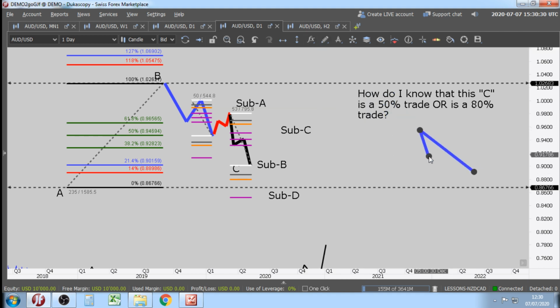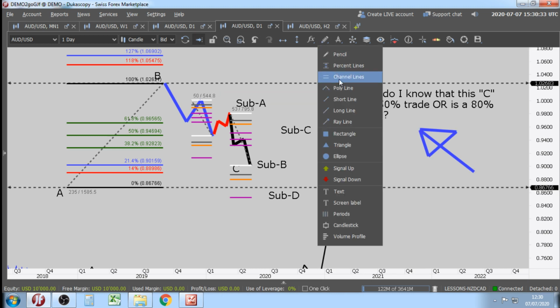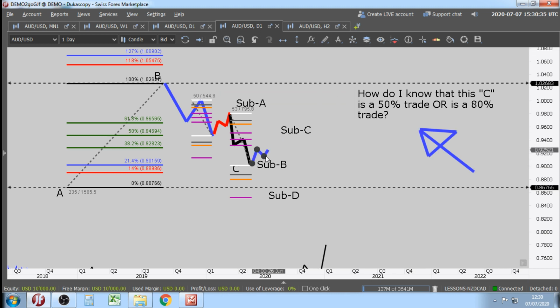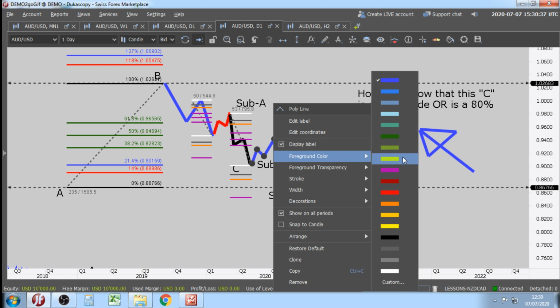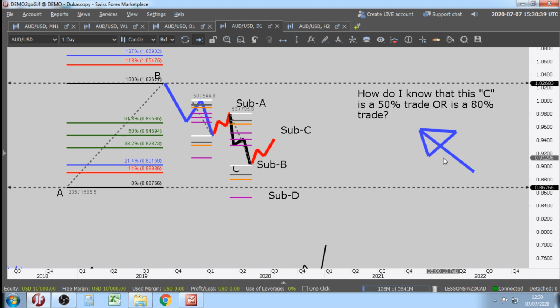How do I know that if again we are going to build higher high, higher low, again entering at the red, just an example for you to understand, how do I know that the C is a 50% rate or an 80% rate if I'm going to buy the original Fibonacci right now?